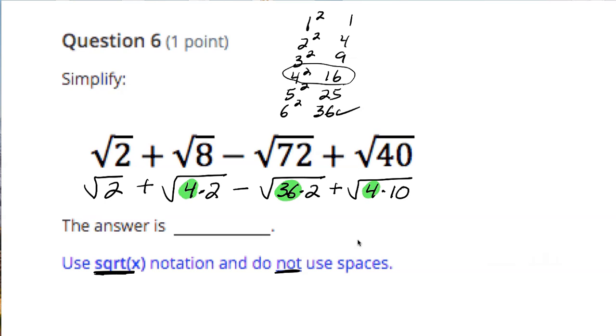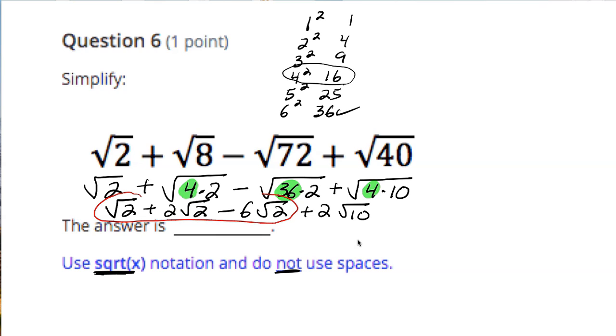So from there, we can square root, and we would get the square root of 2 plus 2 root 2 minus 6 root 2 plus 2 root 10. And then we would add like terms. All of these with the square root of 2 part are like terms. So this would be negative 3 square root 2 plus 2 root 10.